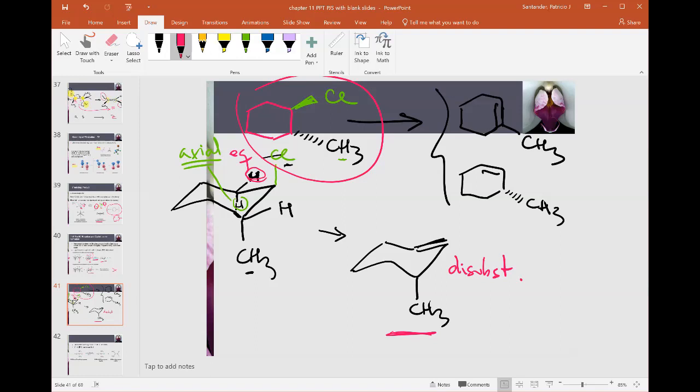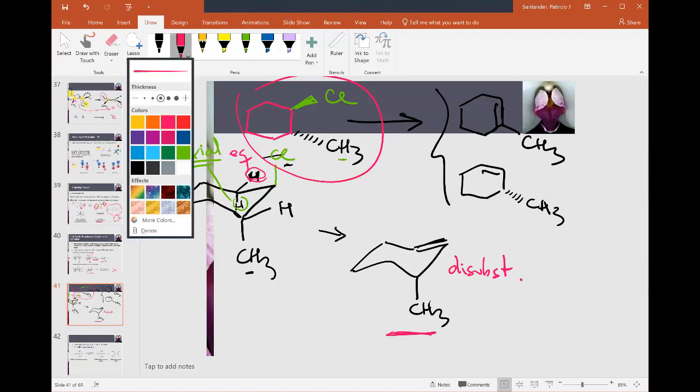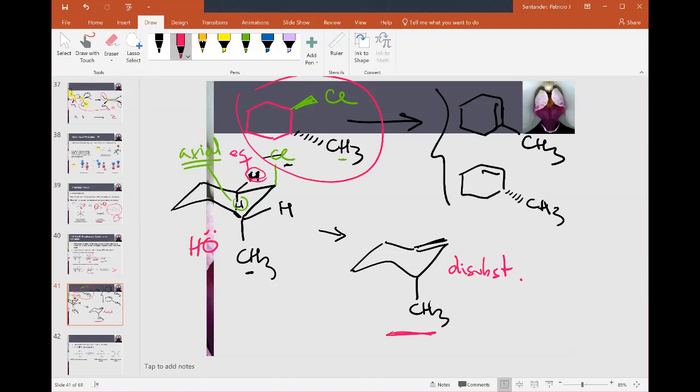And so here you can have the OH, the base, will abstract the green hydrogen that we have there. Then we eliminate that to form the double bond, and then the chlorine departs, right? So that is an interesting example.